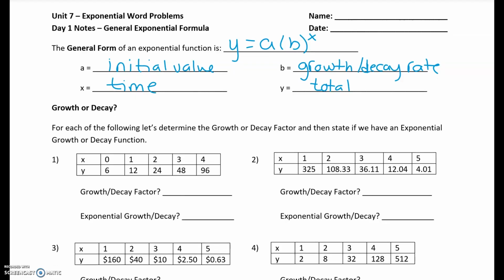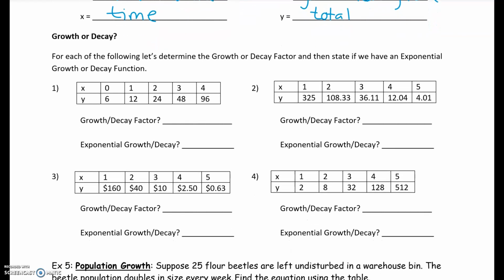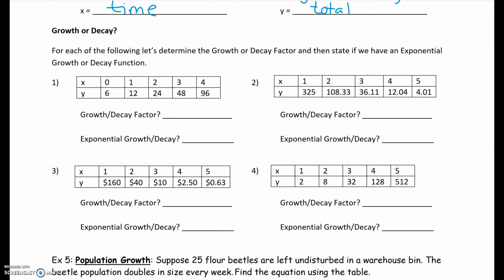Okay, so as we look at this next part here, we're going to find out, is the table given a growth or decay function? So it says, for each of the following, let's determine the growth or decay factor. Okay, so that's a little bit different, this factor piece. Then we're going to state if we have an exponential growth or decay function. So the factor is going to be that number that we multiply by every single time. So when we're looking at example 1 here, I'm asking, how am I going to go from 6 to 12?